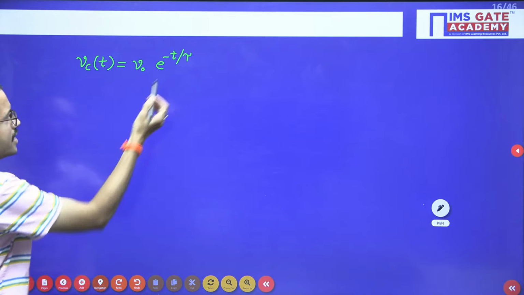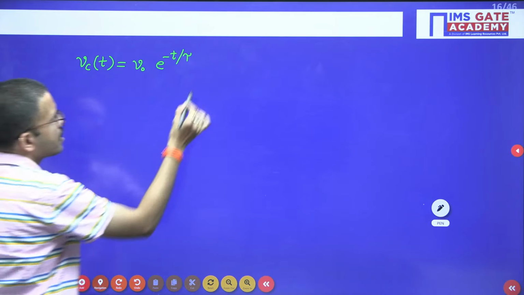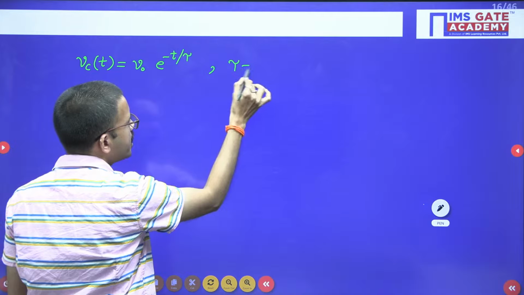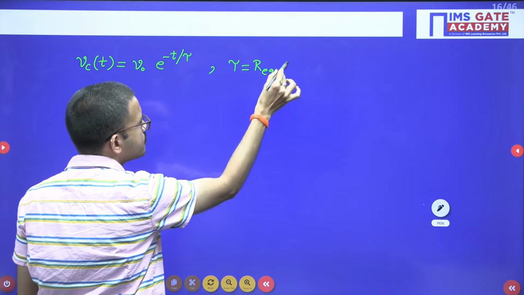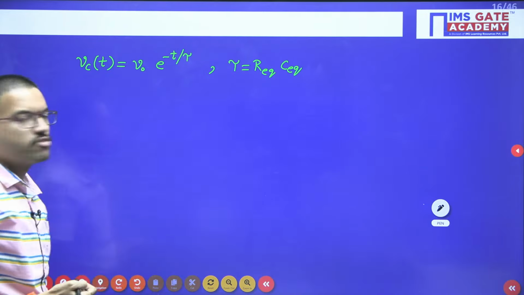In this case, we have to find the tau value, where tau is nothing but R equivalent into C equivalent.